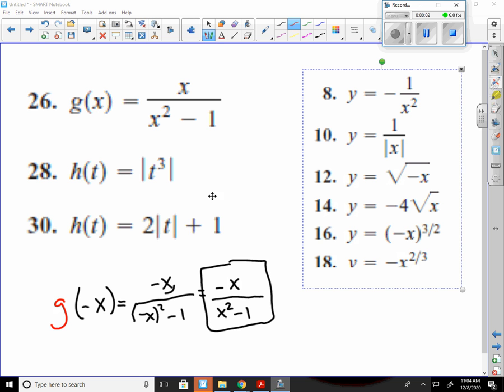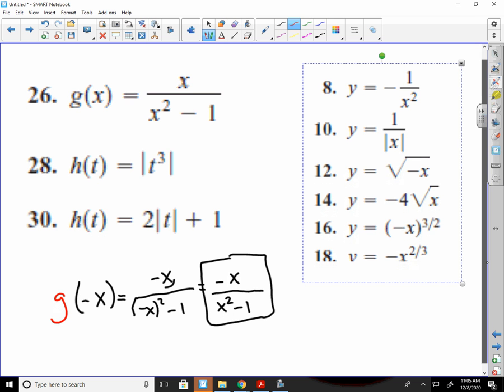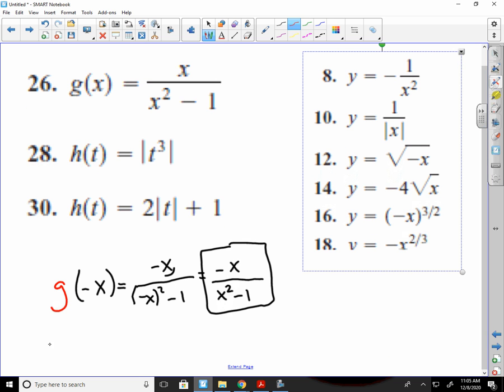Is that the same as this? No. So it's not even. Which means I take a negative out in front of everything. Take the whole thing, put a negative in front of it.